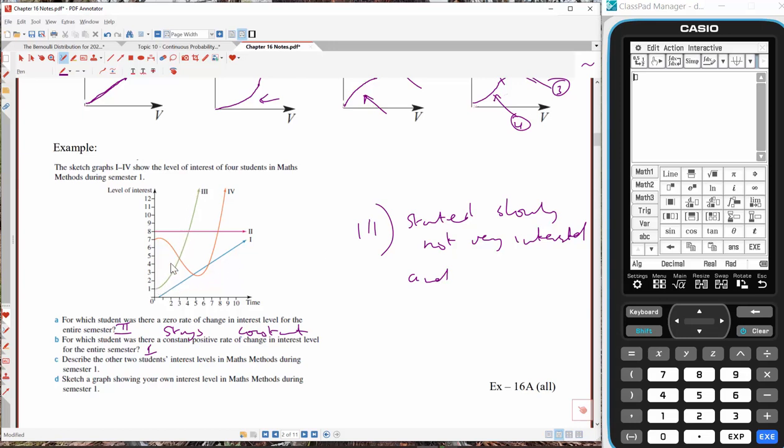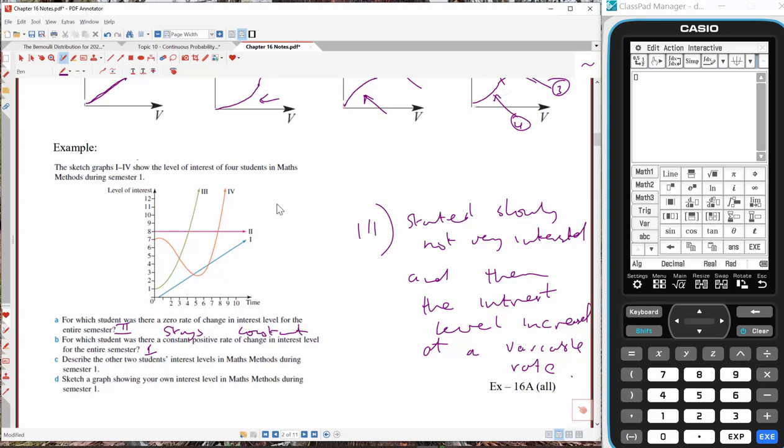Their interest level increased at a variable rate. So it wasn't a constant increase. It's like they got to this point here, and it's almost like an exponential increase. That looks like that's probably logarithms there. The student just saw that and was like, I'm just lapping this stuff up.